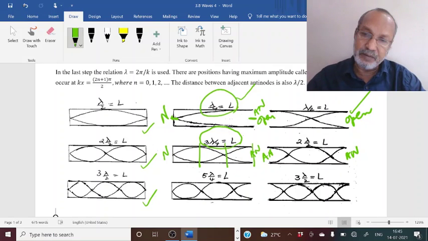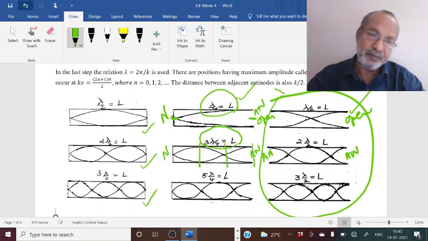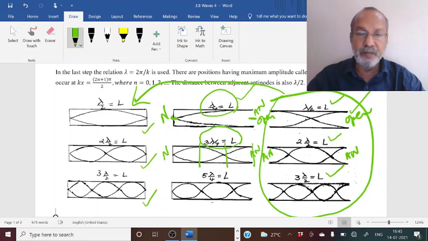In this case we get all the frequencies exactly similar to those of the first case. We have got in the first case lambda by 2 is equal to L, in the second case 2 lambda by 2 is equal to L, in the third case 3 lambda by 2 is equal to L.